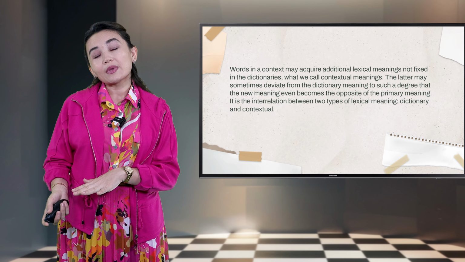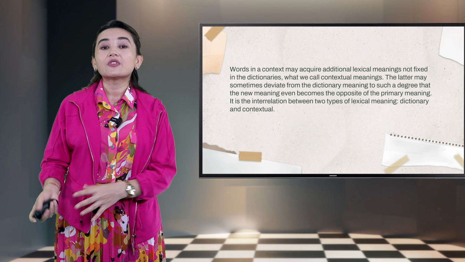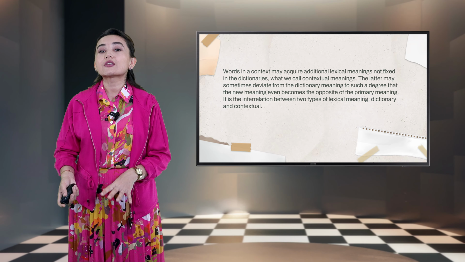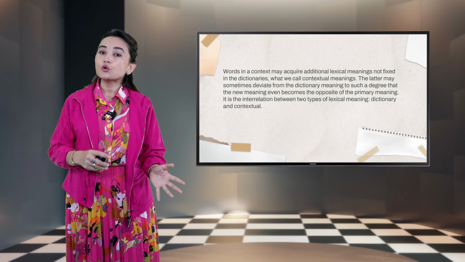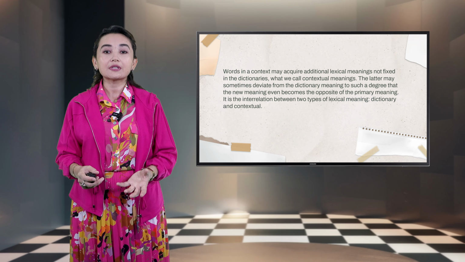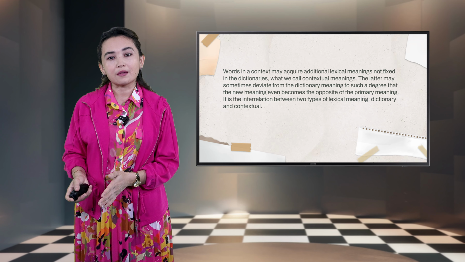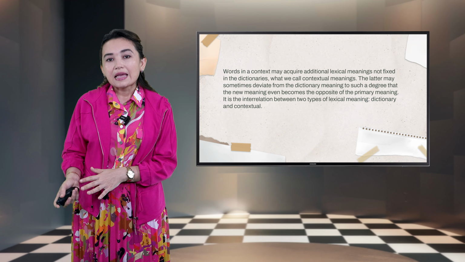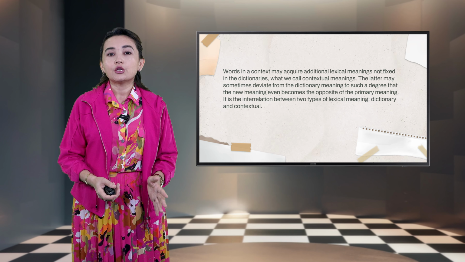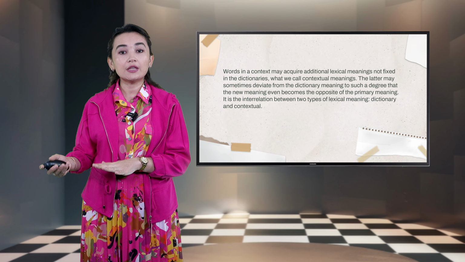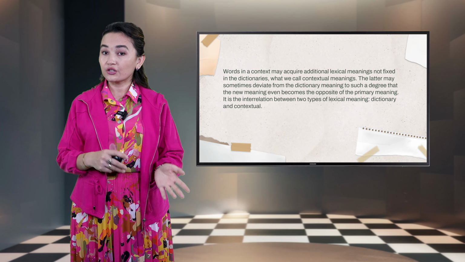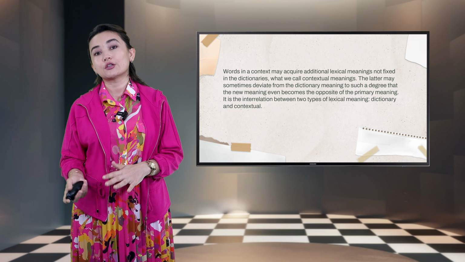The latter may sometimes deviate from the dictionary meaning to such a degree that the new meaning even becomes the opposite of the primary meaning. So it is the interrelation between two types of lexical meaning: dictionary and contextual.